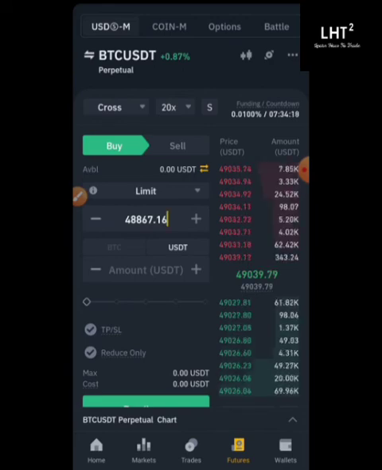So this is another disadvantage of using very high leverage when trading futures. Not only on Binance, actually, generally when trading futures, when you use high leverage, you hit liquidation very fast if the trade goes against you.